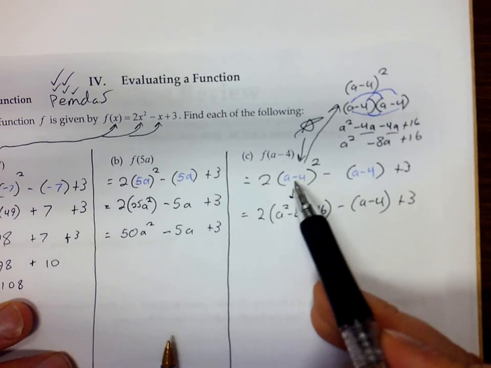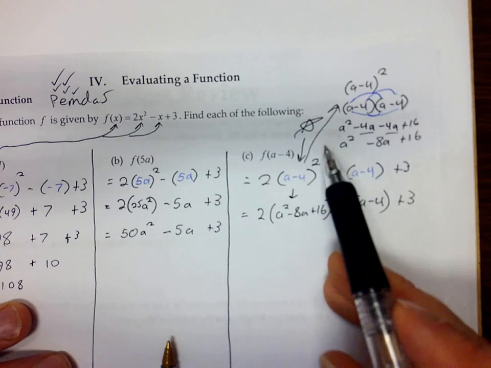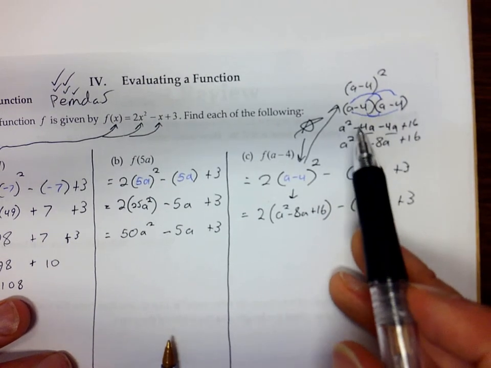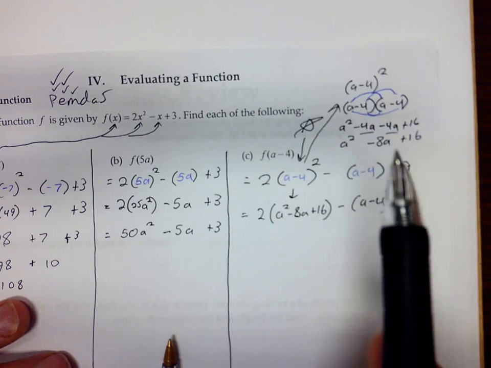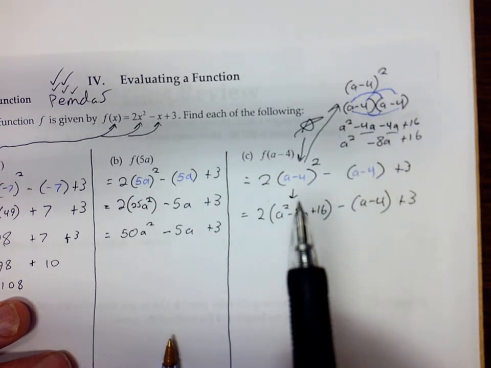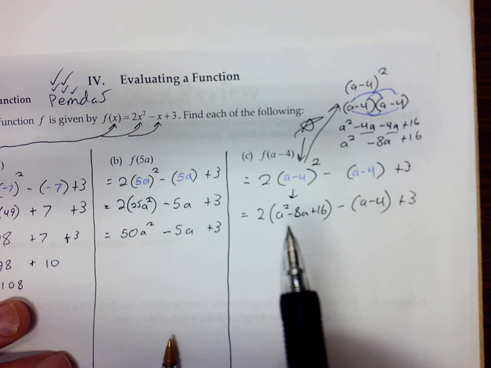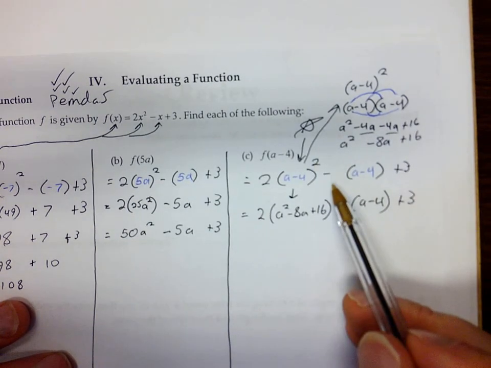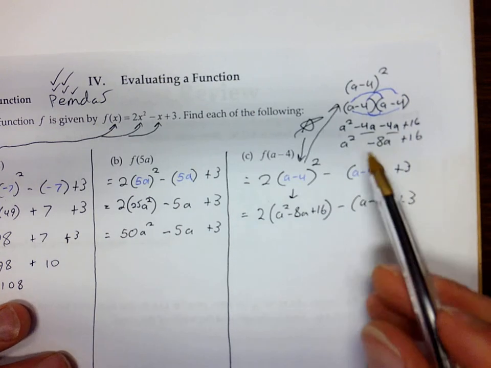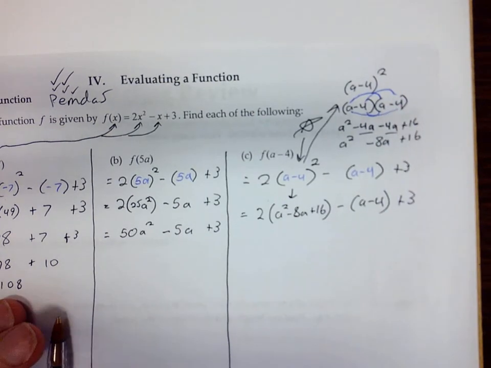So all I did is I worked this out up here off the side, and now I've taken my simplified version of that and plugged that in. So now I've dealt with my square. The square is gone because I did the squaring up here.